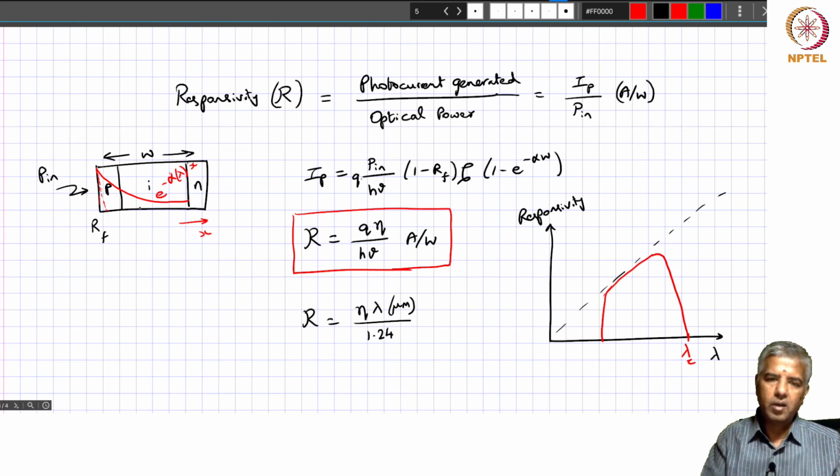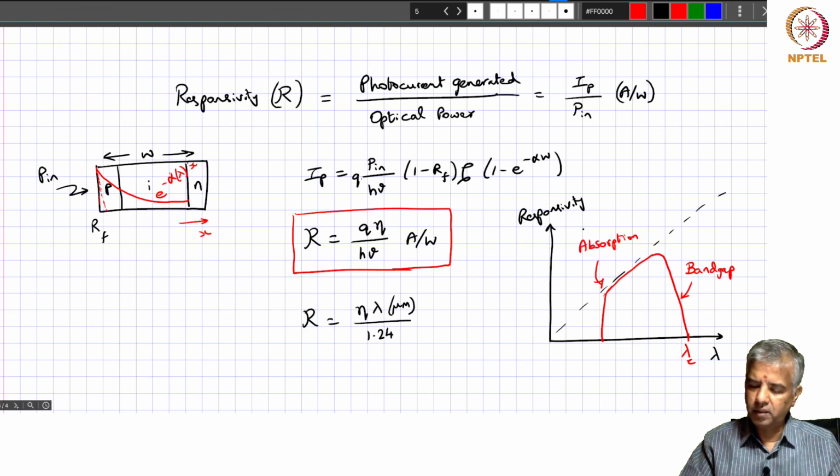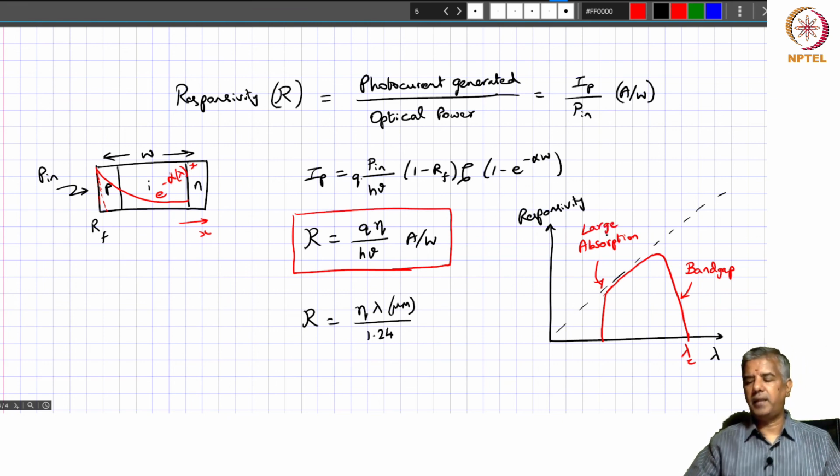So not a lot of those charges generate an external photocurrent, and that is what is denoted over here. On this side we have a constraint because of the band gap, whereas on this side you have very large absorption, and that actually limits the responsivity.